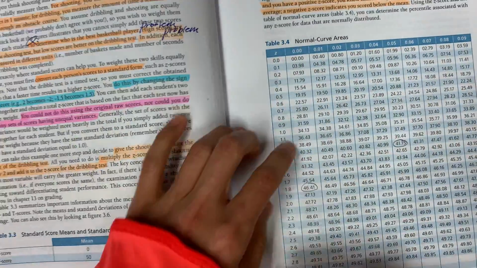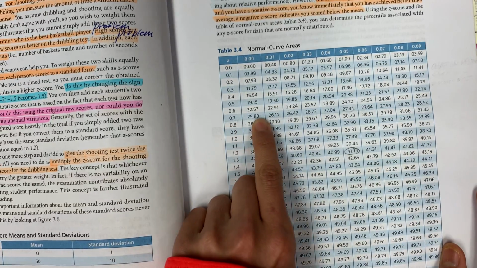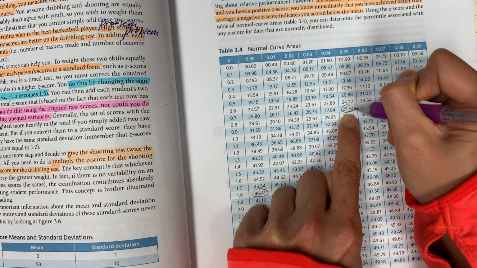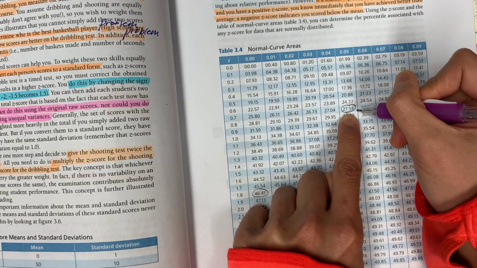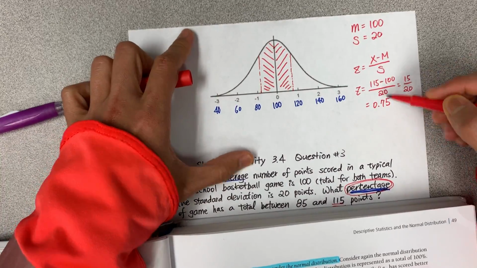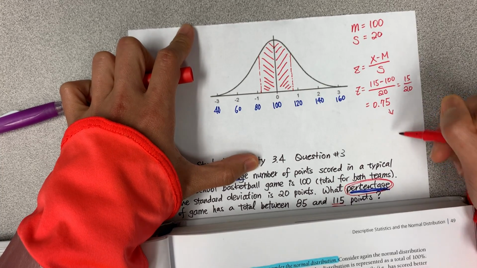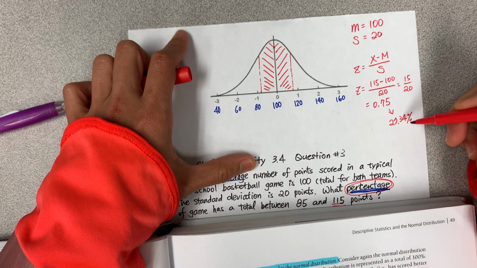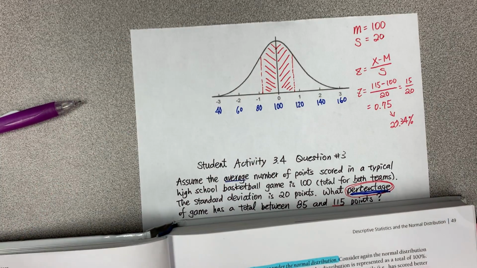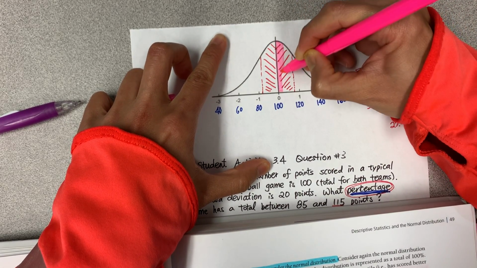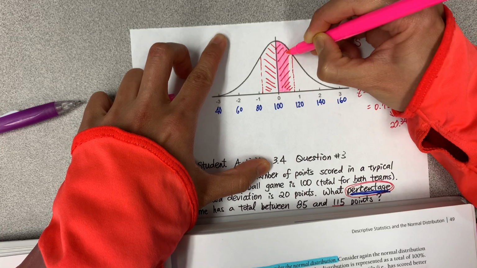A Z-score of 0.75 is actually 27.34% away from the mean, okay? That's the key word, okay? Away from the mean. So this pink part from the right-hand side, okay?